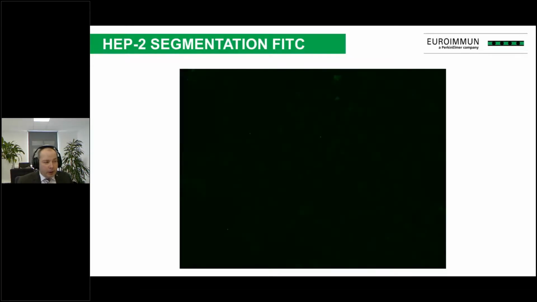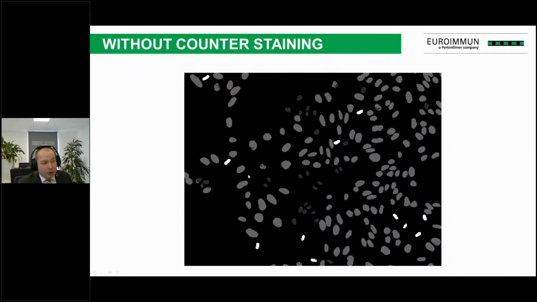Another example is a negative example. Maybe you see just some structure here, but I guess you can't recognize any cells. But in this background, the computer can find the cells for you. And you see here also a lot of mitosis cells and a lot of interphase cells that can be used for the diagnostic.